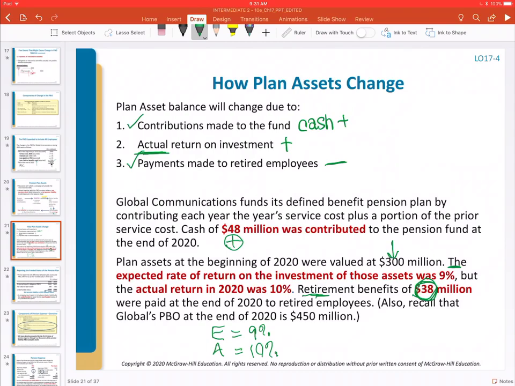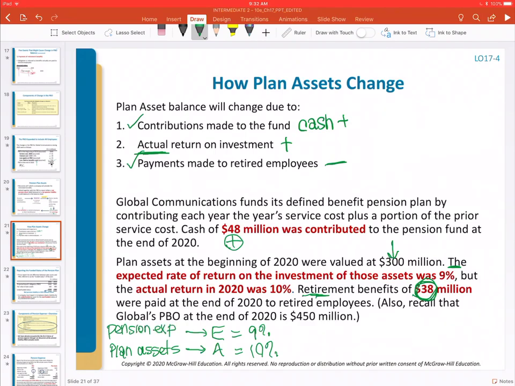Okay? So now, why is it important to distinguish between these two? Because what generally accepted accounting principles tell us is that when we are making the journal entries for these accounts, we use the actual return when we're making the journal entry for plan assets, and we use the expected return when we are accounting for pension expense.